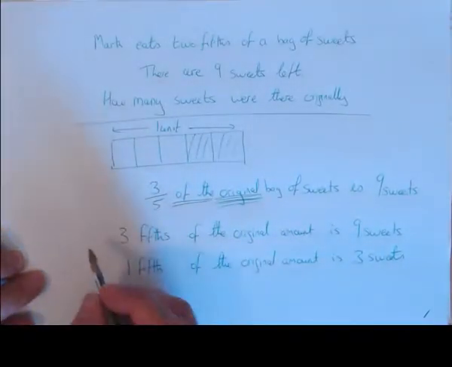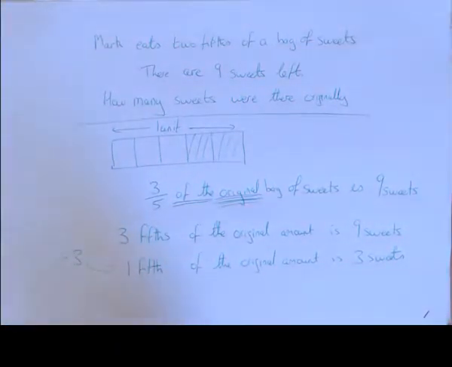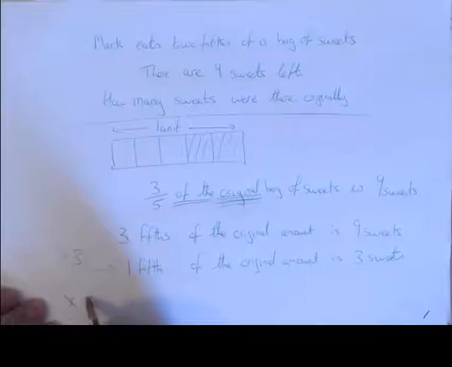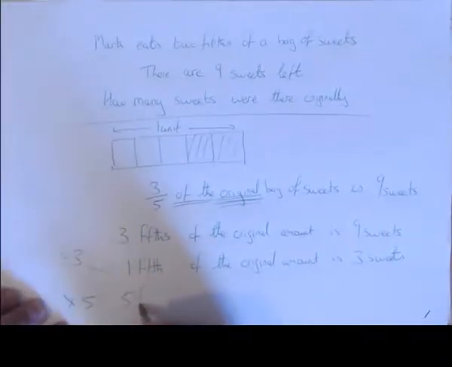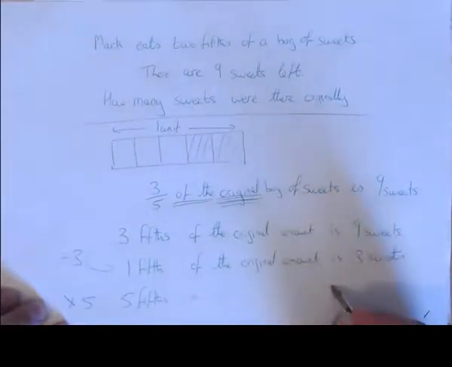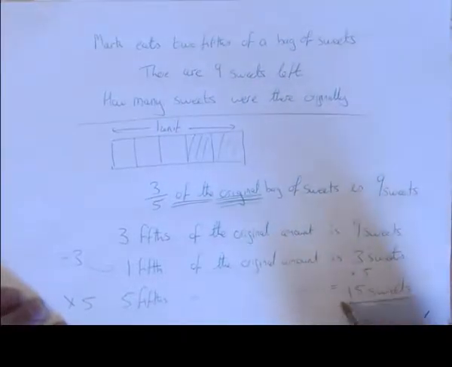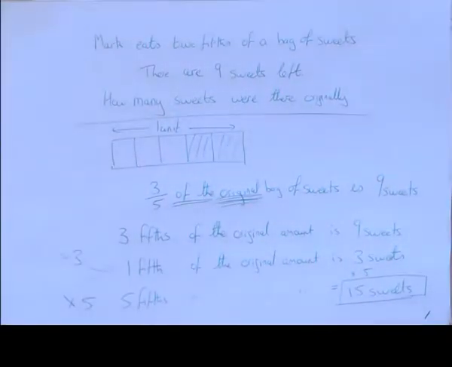Let's look what we did there. We went from there to there. We divided by 3 to find 1/5. We then multiply by 5 to find 5/5 of the original amount, which would be 15 sweets. So the answer to our question is there were originally 15 sweets.